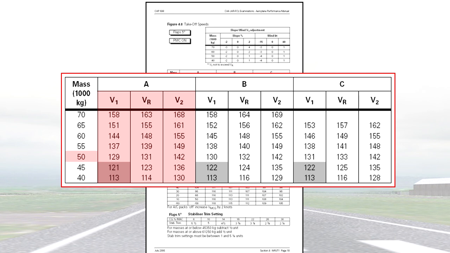For example, let's look at what aeroplane mass does to V1. If the aeroplane mass was 50,000 kilograms, V1 would be 129 knots. But if the mass was increased to 65,000 kilograms, then V1 would increase to 151 knots. Therefore, increasing mass increases V1.